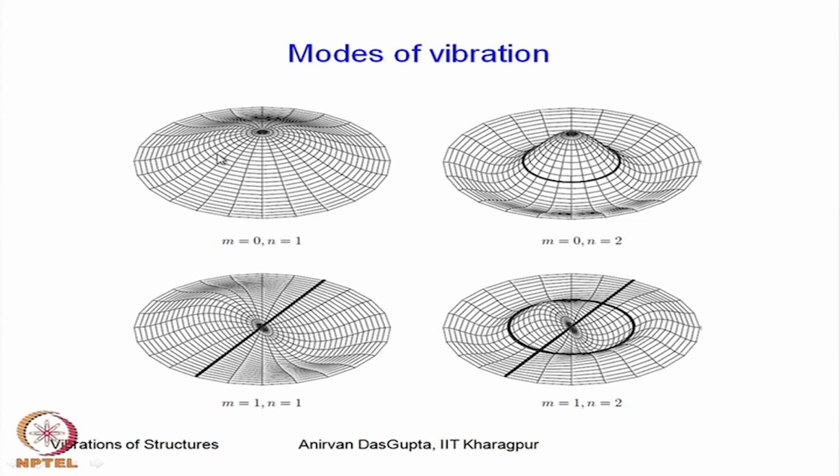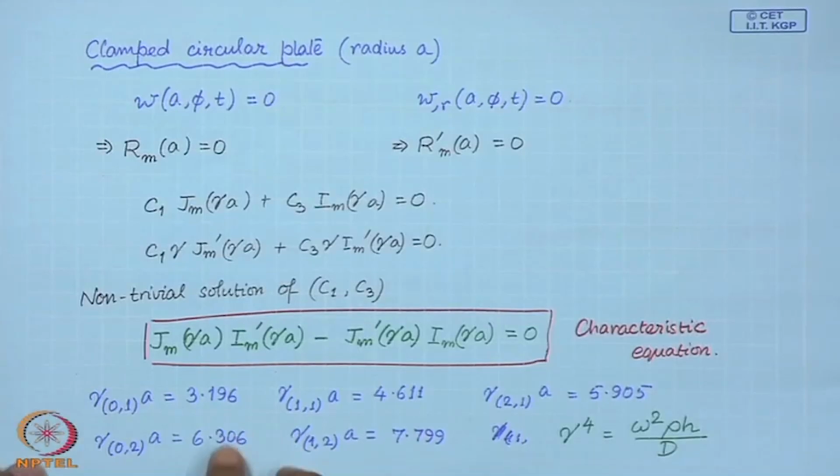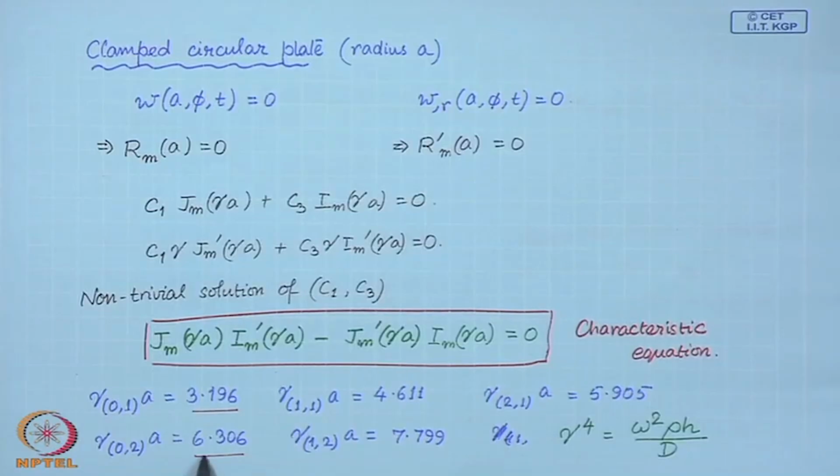It has no nodal curves, nodal diameter or nodal circle, whereas this is the mode with one nodal circle. This is 0 2, but this is not the second mode as such. This is 0 1, this is 0 2, this is the fourth mode.